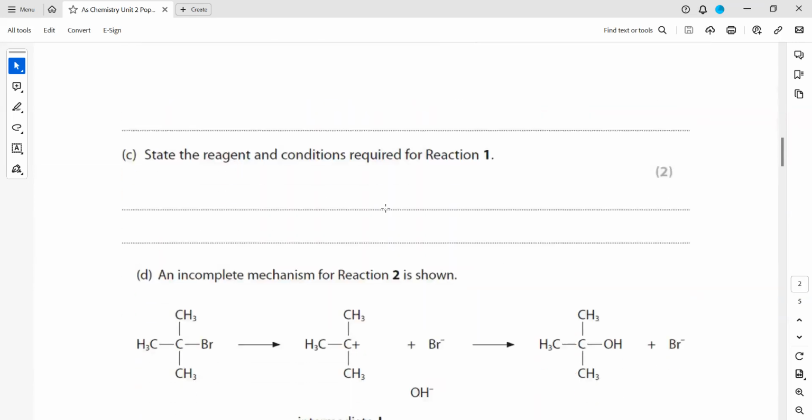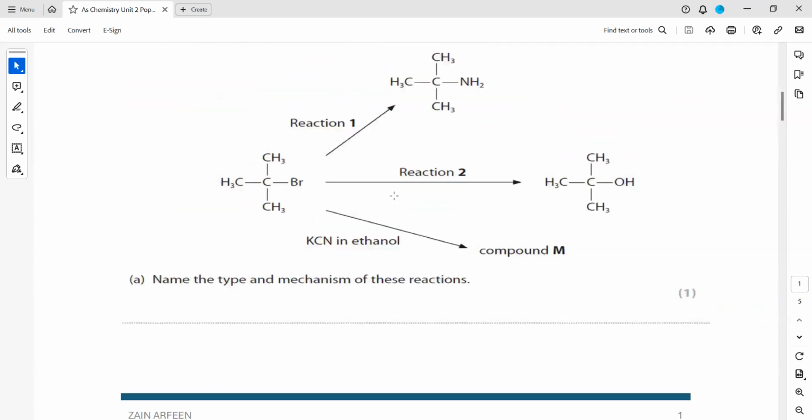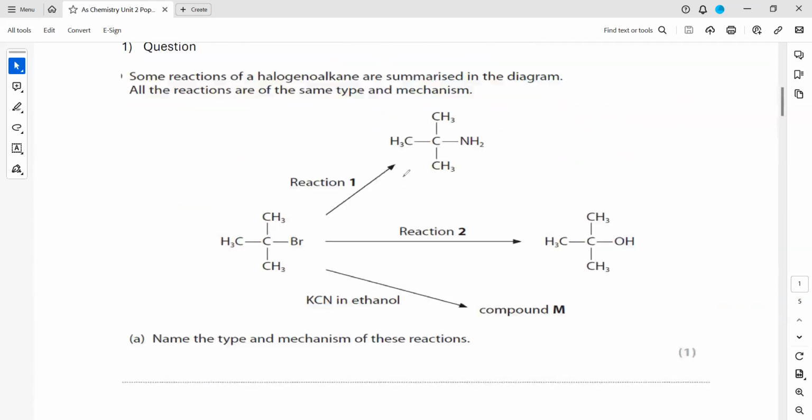State the reagent and the condition for reaction 1. So for reaction 1, because we want the amine group to replace, the reagent we need is ammonia. And what are the conditions? Halogen alkanes are gases, and ammonia is also a gas.